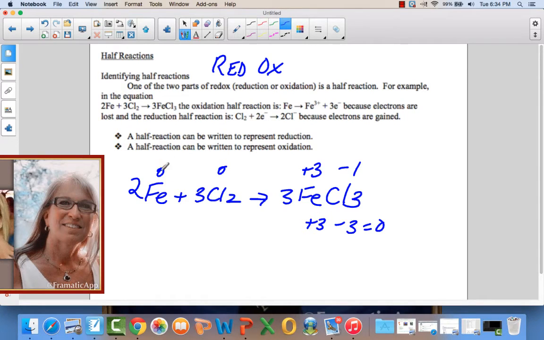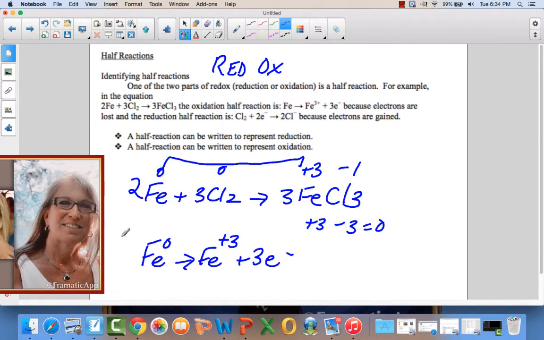So let's inspect what's going on. Fe is going from 0 to +3. So that's being oxidized. It's becoming more positive. So I have Fe0 going to Fe +3, and I'm going to add 3 electrons to this side. This is my oxidation reaction. This is also my reducing agent.